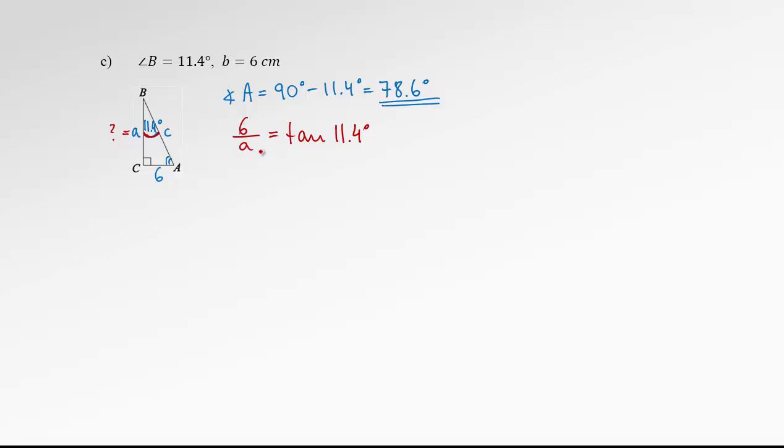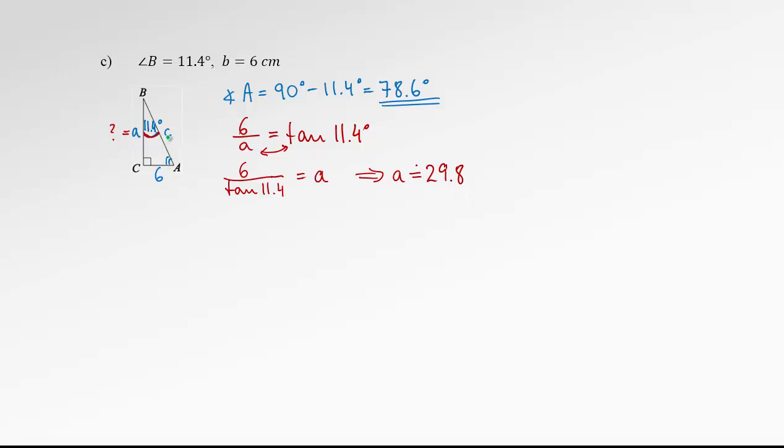So the best idea is just to swap these two. a goes up to the other side and tangent 11.4 goes down. So our equation turns out to be 6 over tangent 11.4 equals a. And then using calculator, our a equals approximately 29.8. One place value is good enough here because that's a side, right? Please check this value on your calculator.